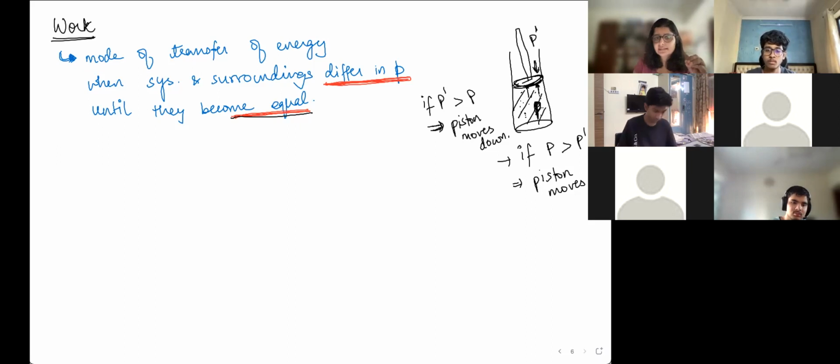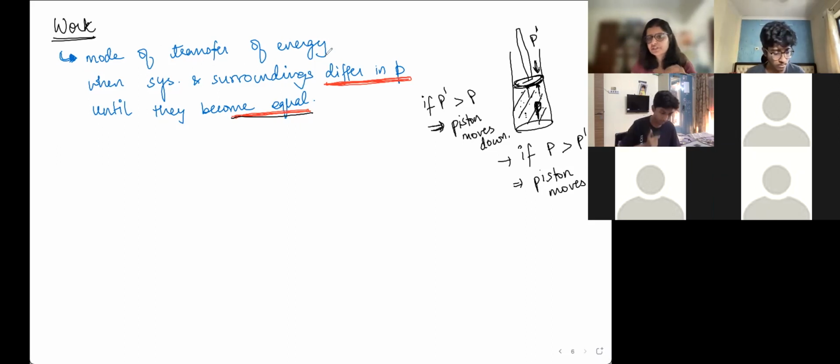So that's how work is the transfer of energy: doing work on the system or work being done by the system. If there is work done either on the system or by the system, that means there is a change in energy. So work is a mode of transfer of energy.